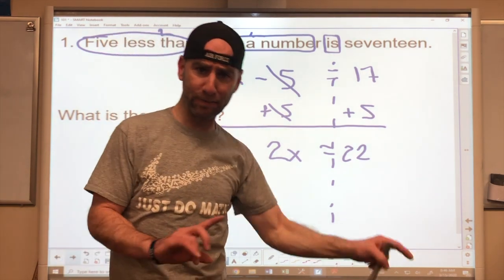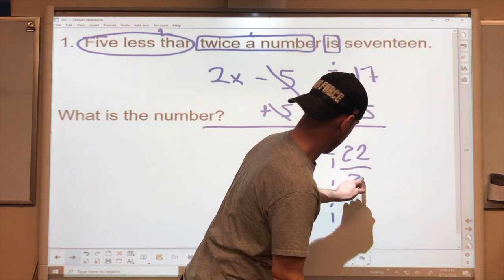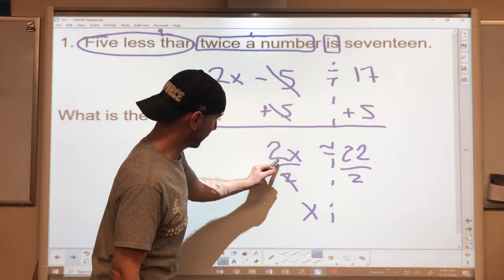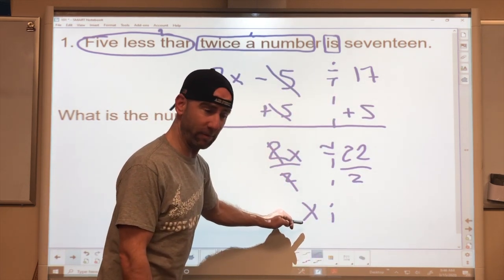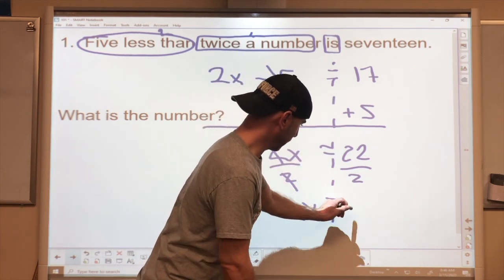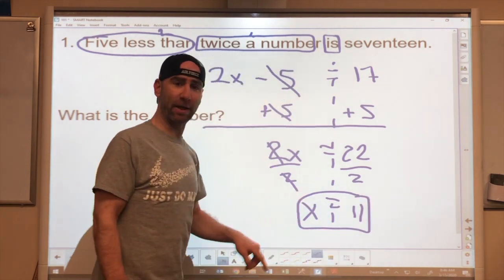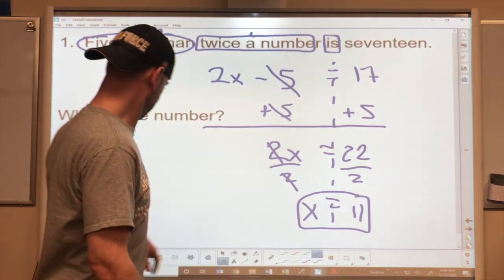Final step, divide both sides by 2. Those cancel away. You have x remaining equals 22 divided by 2, which is 11. So x is 11. The number that we're looking for is 11.